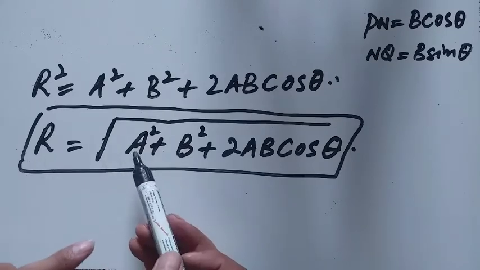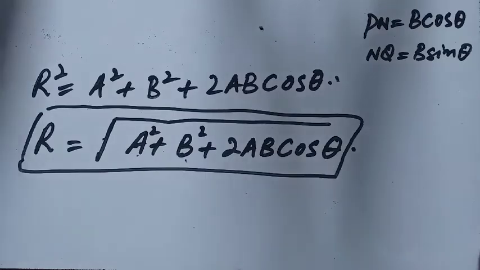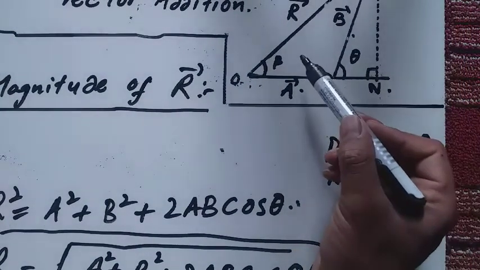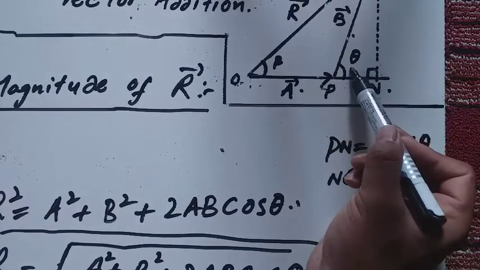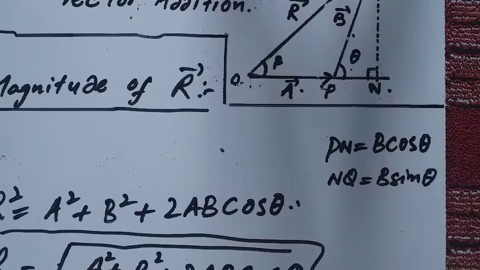That is, you must know first of all a and b, and you must also know this angle theta. If you know this angle theta, you can easily find out the magnitude of this direction.